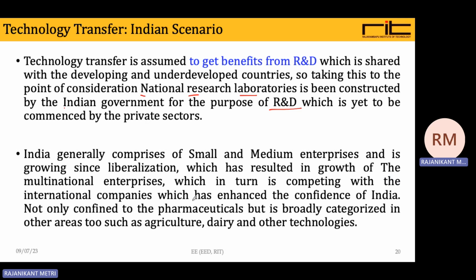Not only confined to the pharmaceuticals, but it is broadly categorized in auto, steel, manufacturing, metal industries also, or even agricultural, dairy, and other technologies also.